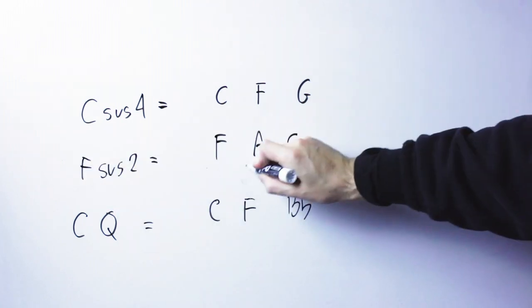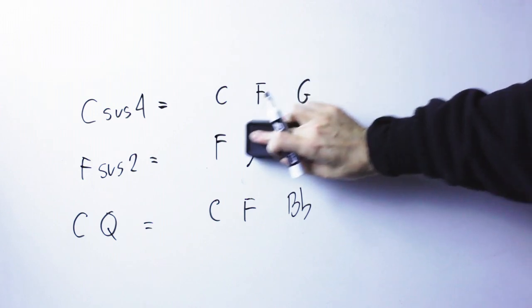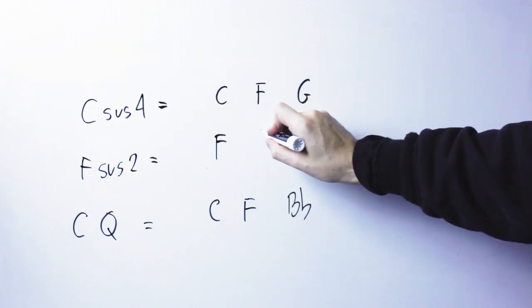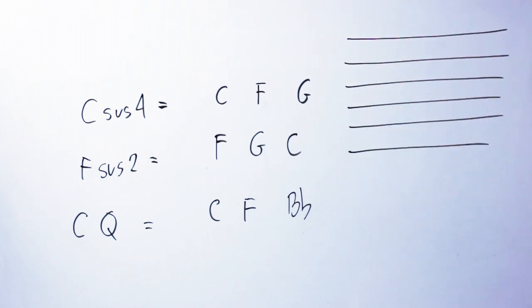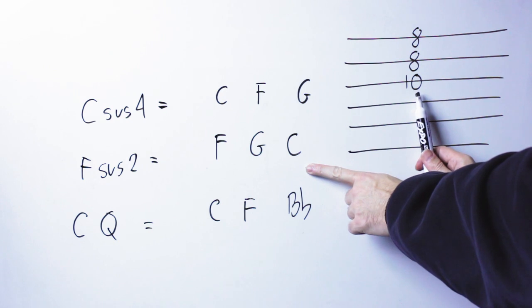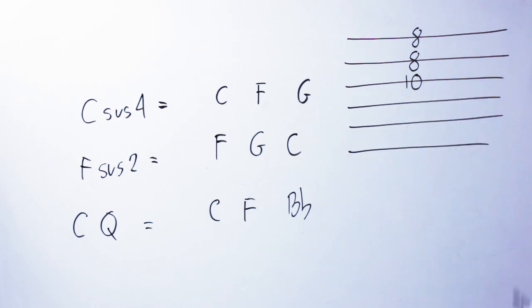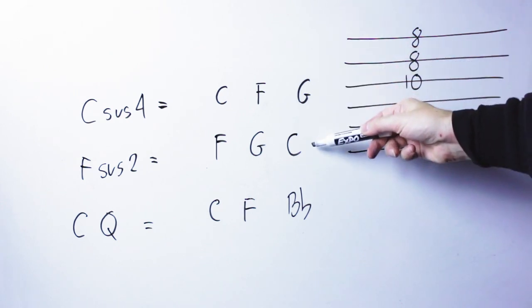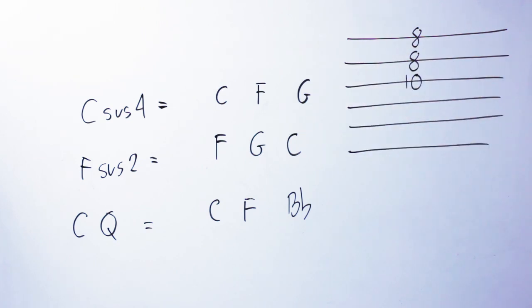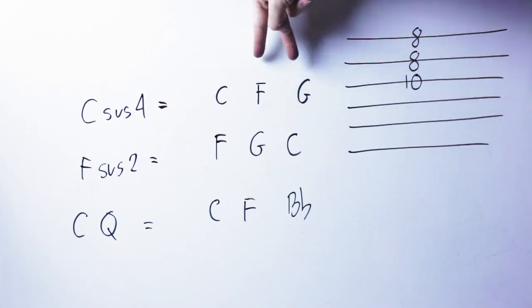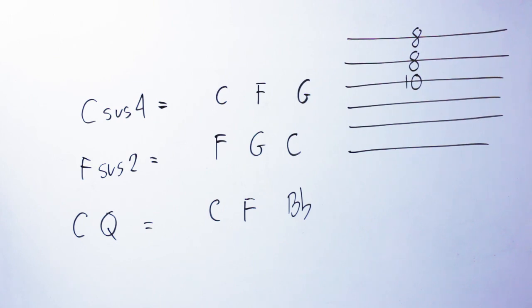So I'm going to start with an F major chord, F, A, C, eliminate the middle note A, and then put the second in there, and the second is G. So my notes are F, G, C. And you can immediately see that F suspended second, F sus2, has exactly the same notes as C suspended fourth, C sus4. They're just inversions of each other, meaning that the lowest note of the chord is different. We just flip those notes around, but the notes are the same.